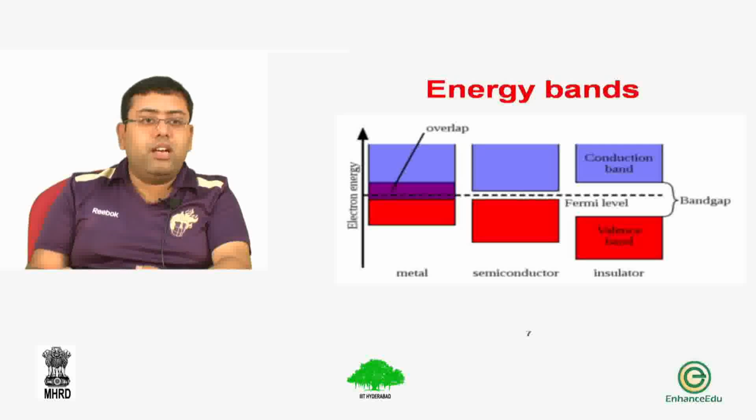And in case of insulators, the gap between the valence band and the conduction band is wide enough, so even at elevated temperatures it is not possible to promote an electron from the valence band to the conduction band and make it conducting. So this leads to the variation in conductivity of the 3 different types of materials.